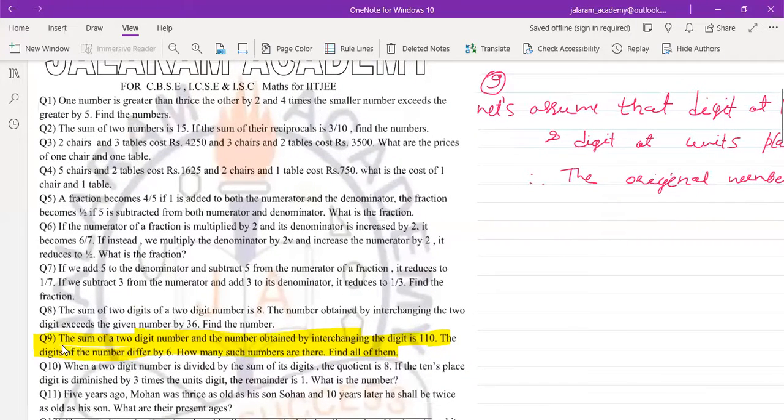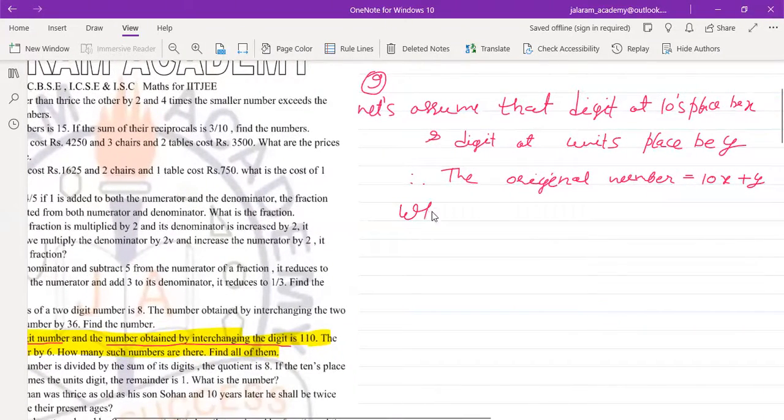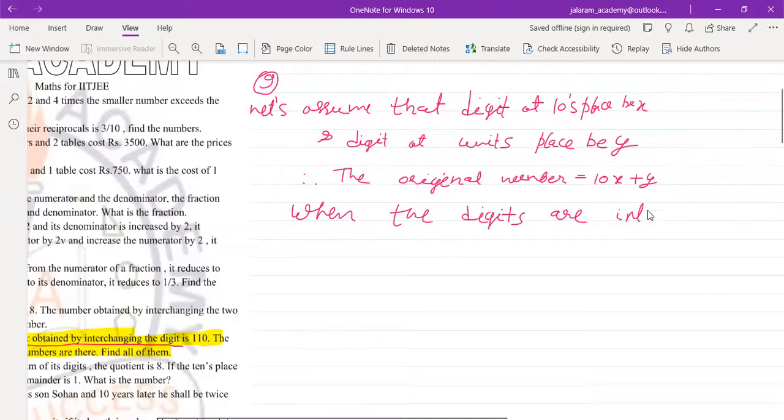So in the question, the sum of two-digit number means 10x plus y, and the number obtained by interchanging the digits. So digits are interchanged, and we write the next condition. When the digits are interchanged, what will be the tens digit?